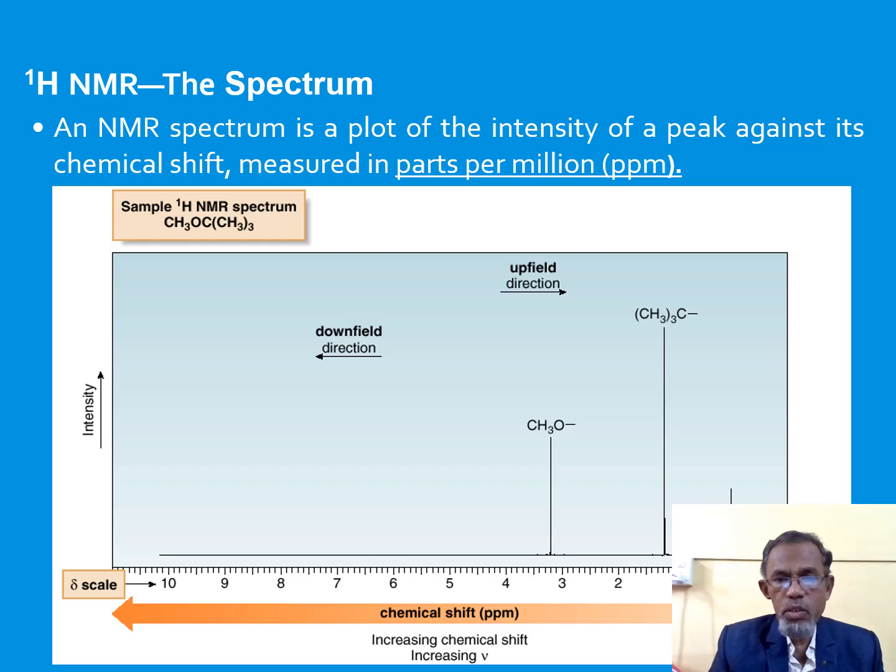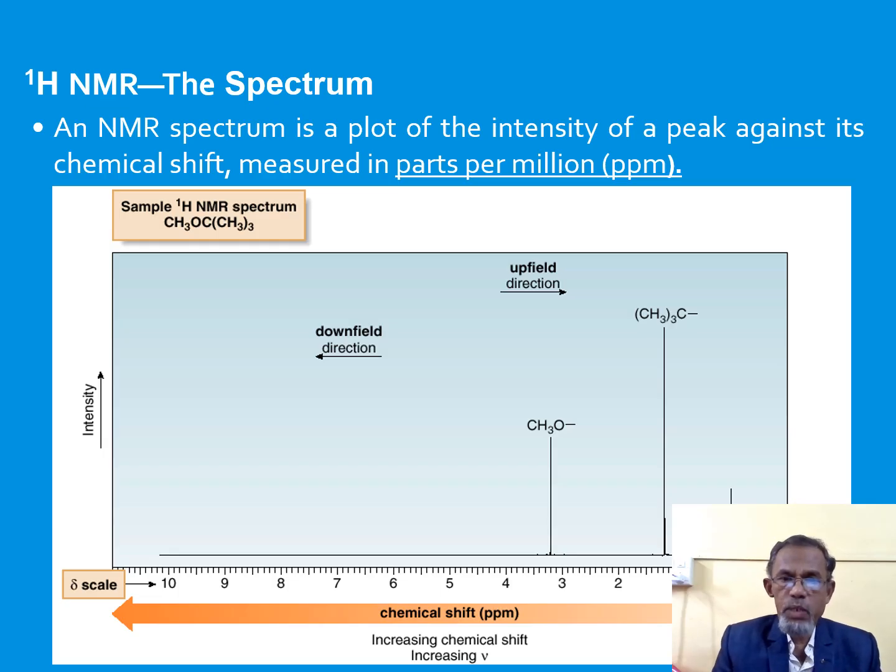Look here, the simple NMR spectrum is projected over here. An NMR spectrum is a plot of the intensity of the peak against its chemical shift, measured in parts per million, and usually we represent that as ppm.